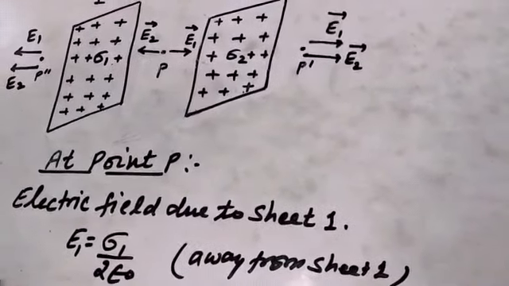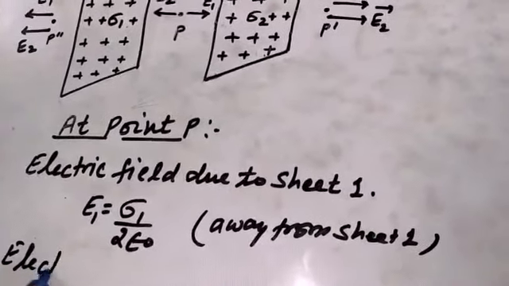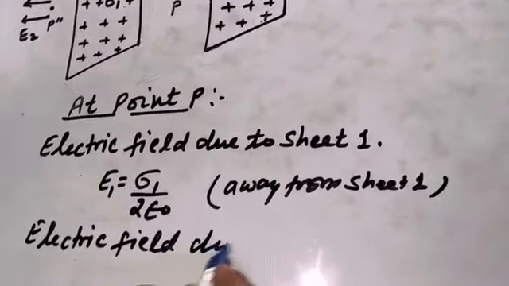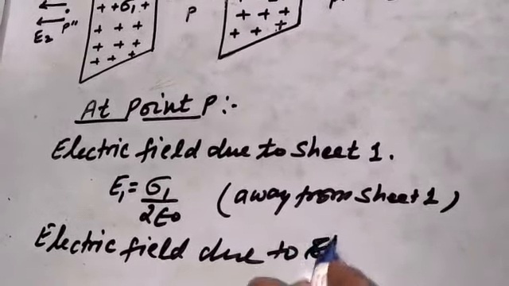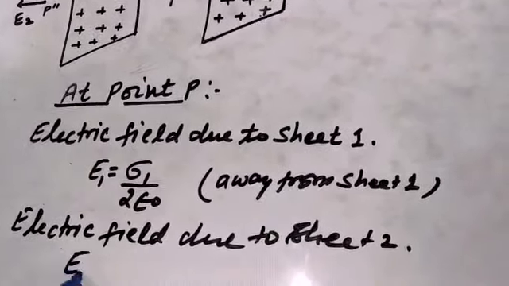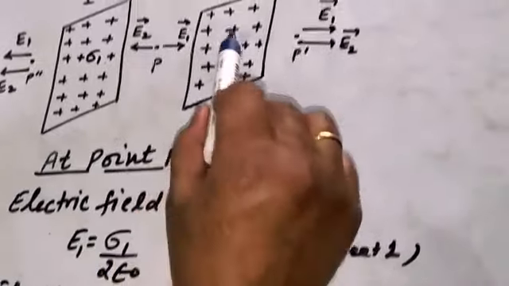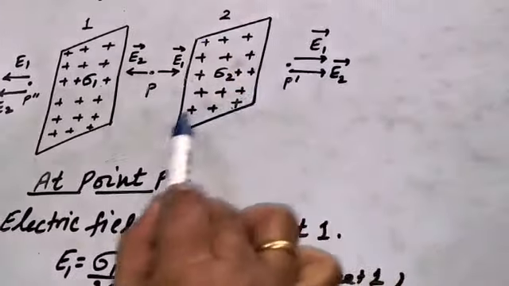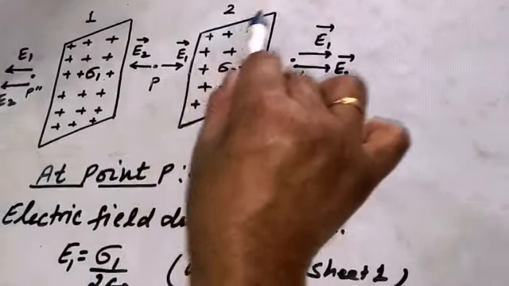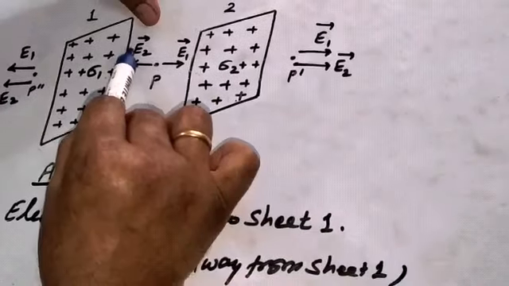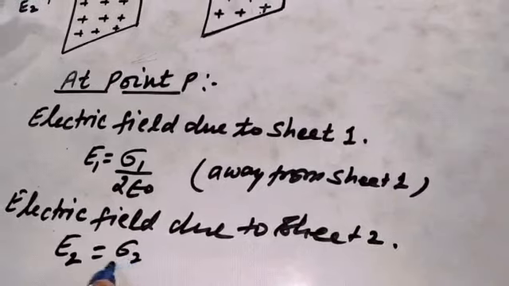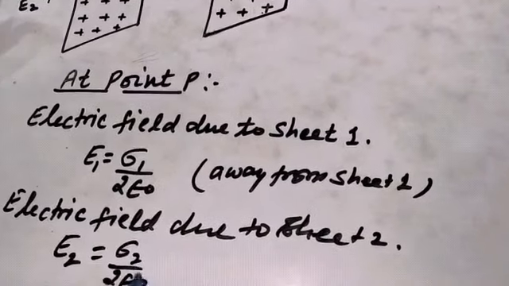And the electric field due to sheet 2. Suppose that electric field is E2. So for the second parallel sheet of charge, the electric field at the same point P due to this sheet of charge, suppose that electric field is E2, then its magnitude is given by sigma 2 upon 2 epsilon naught.